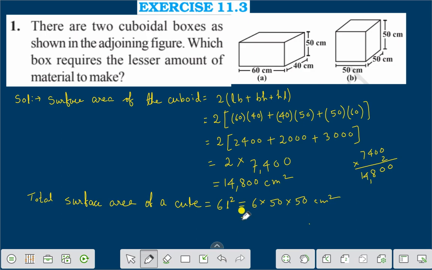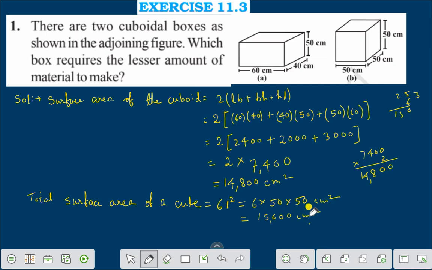Therefore, if we multiply this one, 25 with 6 is 150, and there are two zeros, so it is 15,000 centimeter square.